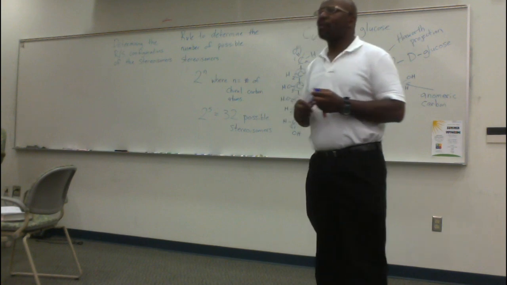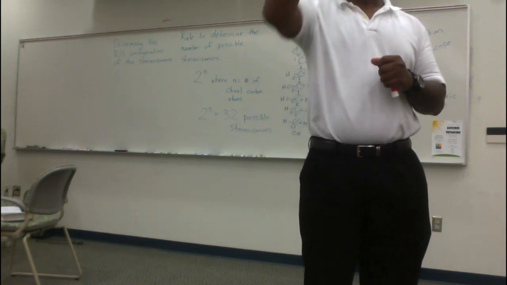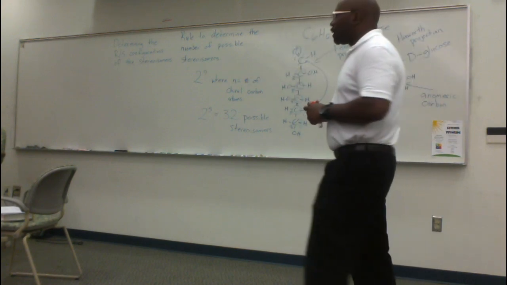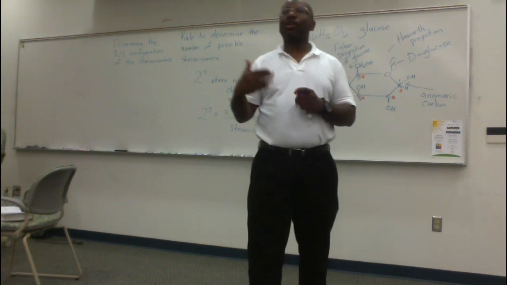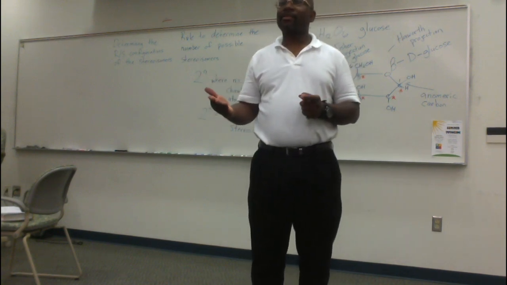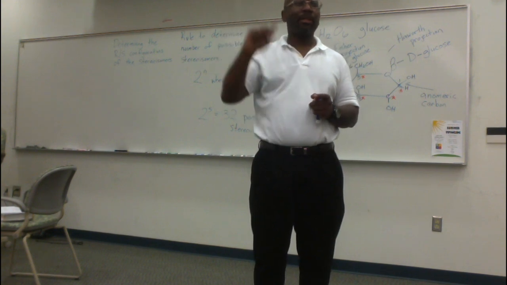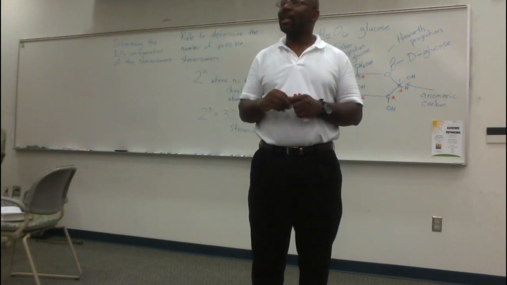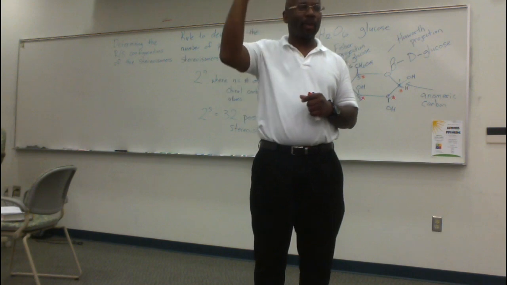First we're going to start with a stereoisomer with one chiral carbon atom. Remember, each chiral carbon atom must have its own letter. If there's one chiral carbon atom, I need one letter. If there were 2 chiral carbon atoms, I would need 2 letters. If there were 3, I would need 3 letters. If there were 4, I would need 4 letters.